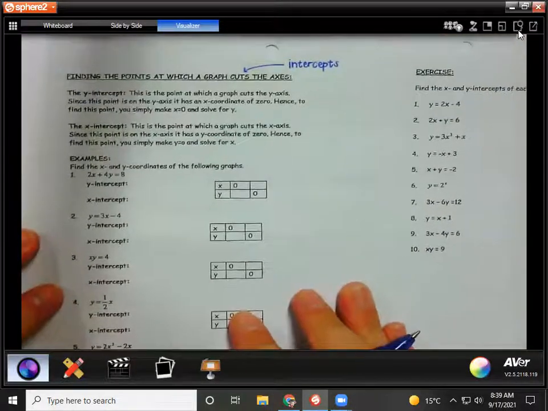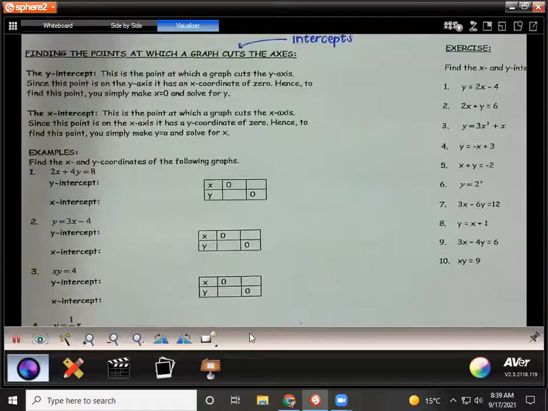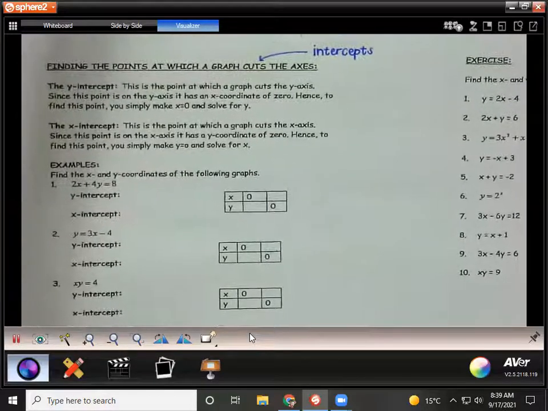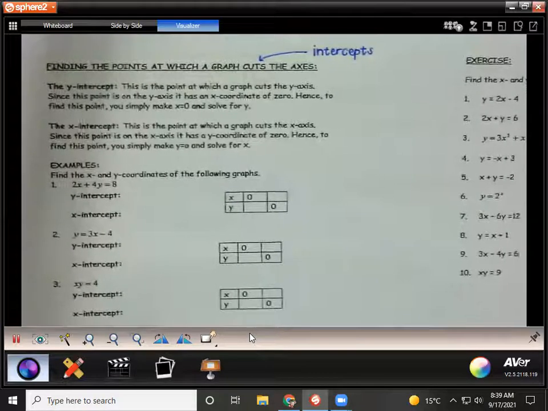Okay, so you can just add that in. And then they're actually explaining underneath this heading the two types of intercepts that we're going to have. We're going to have a y-intercept, which we have already discussed. Okay, we're going to underline some stuff there. And then there's also the x-intercept.